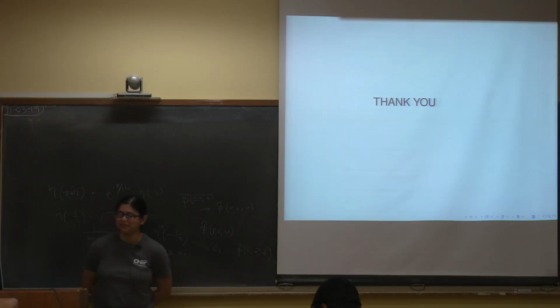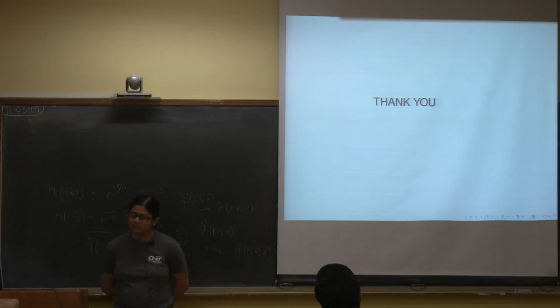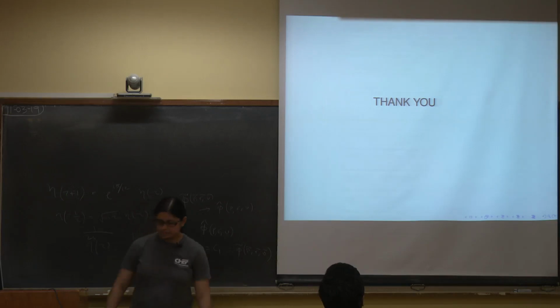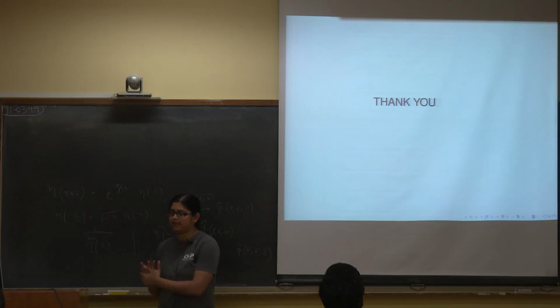I don't know. But for this Moonshine, it's interesting also, like you were writing the twisted elliptic genus in terms of super conformal characters, and these things were totally unrelated.